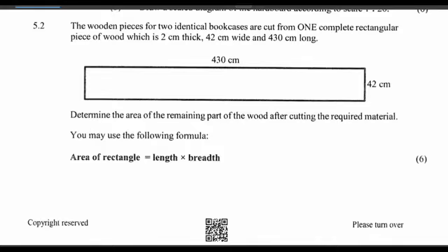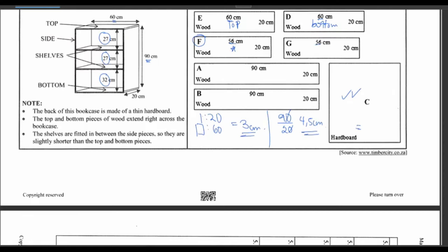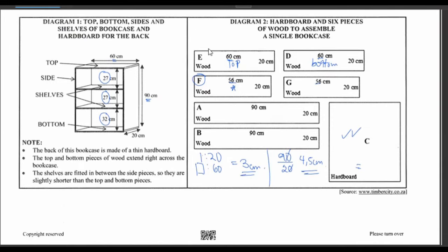Determine the area of the remaining part of the wood after cutting the required material. You may use the formula below. I would believe we would find the area. Let's find the area, because all these ones are going to be cut from that one wood.